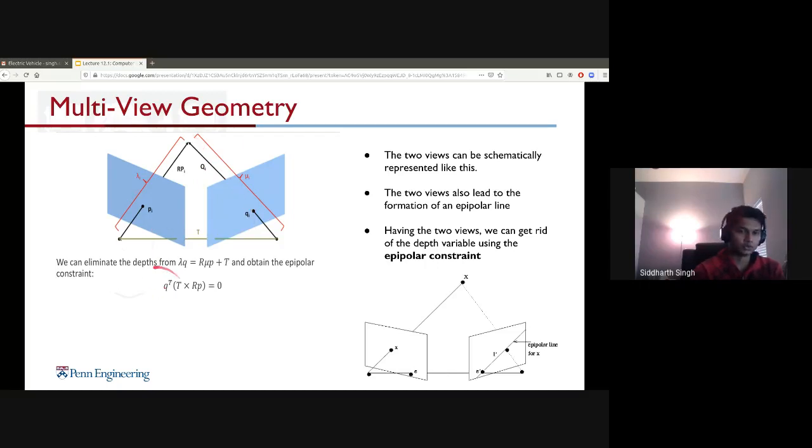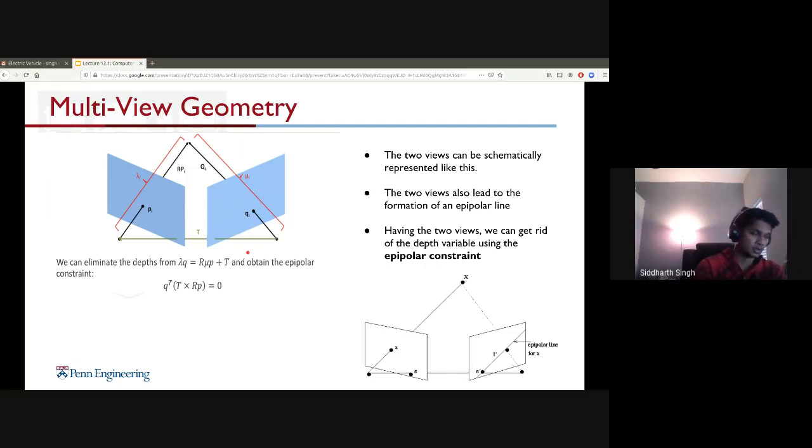Hence, if I do a triple cross product of these three vectors, q, Rp, which is the vector p in q's frame, and the vector t itself, I should get a 0 because this is a plane and hence it will not have any volume. So by doing this very small trick, I am able to completely get rid of the lambda and the mu. Does that make sense to anyone? Everybody? Are there any questions about that?